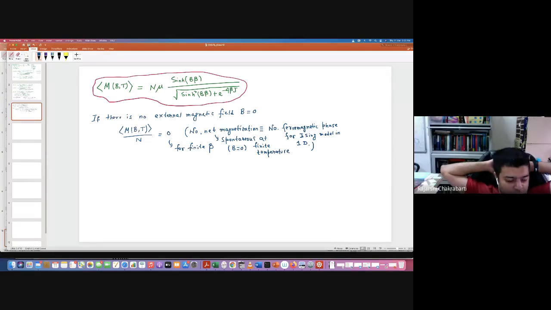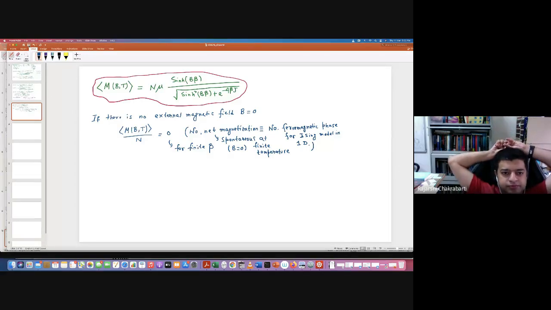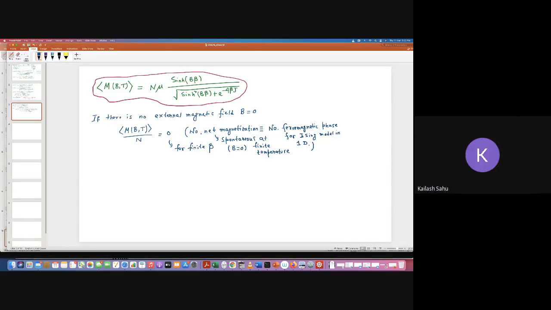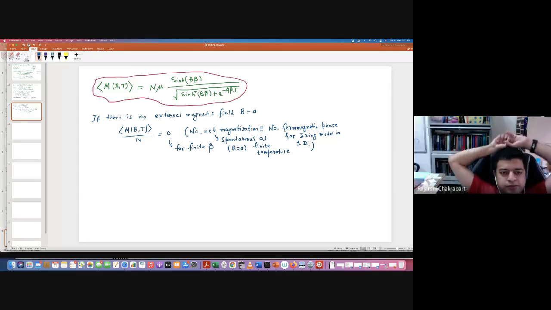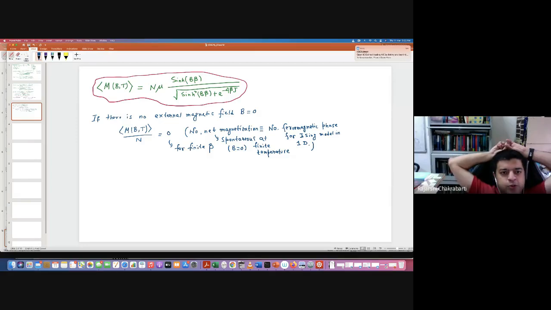No. If I go to a true ferromagnetic system, then what will be the average magnetization value? All the spins are up, or all the spins are down. What should be the value? Yes, it should be N times mu.